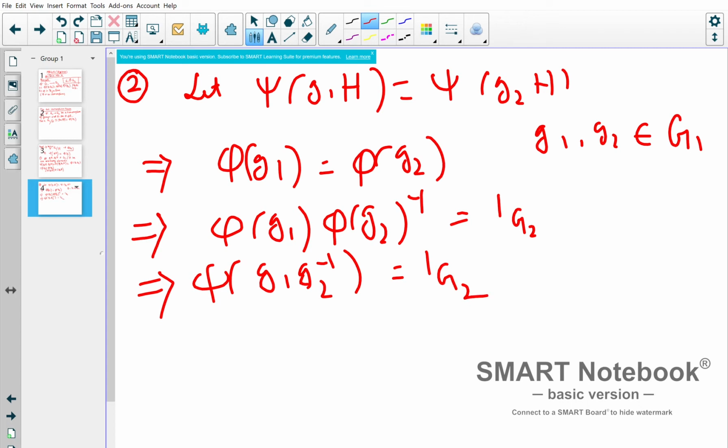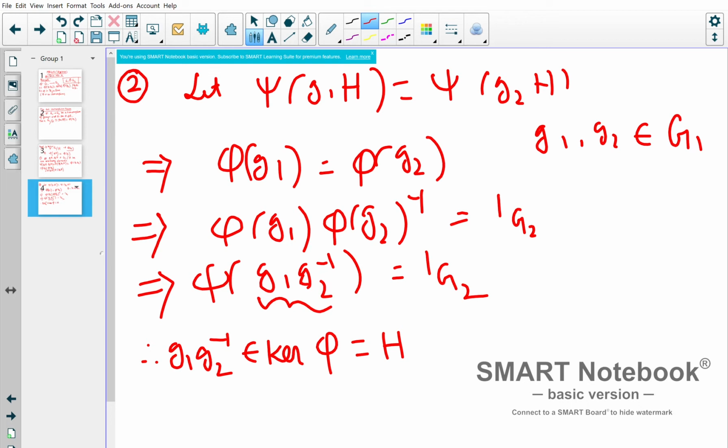So what does that mean? This means that the element G1 G2 inverse is an element of the kernel of phi, which is nothing but H, right?